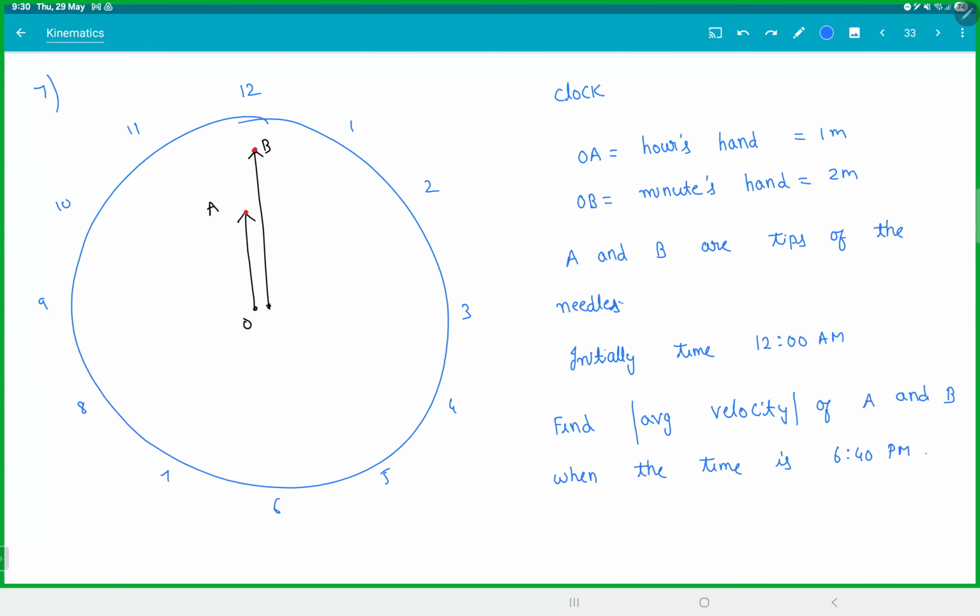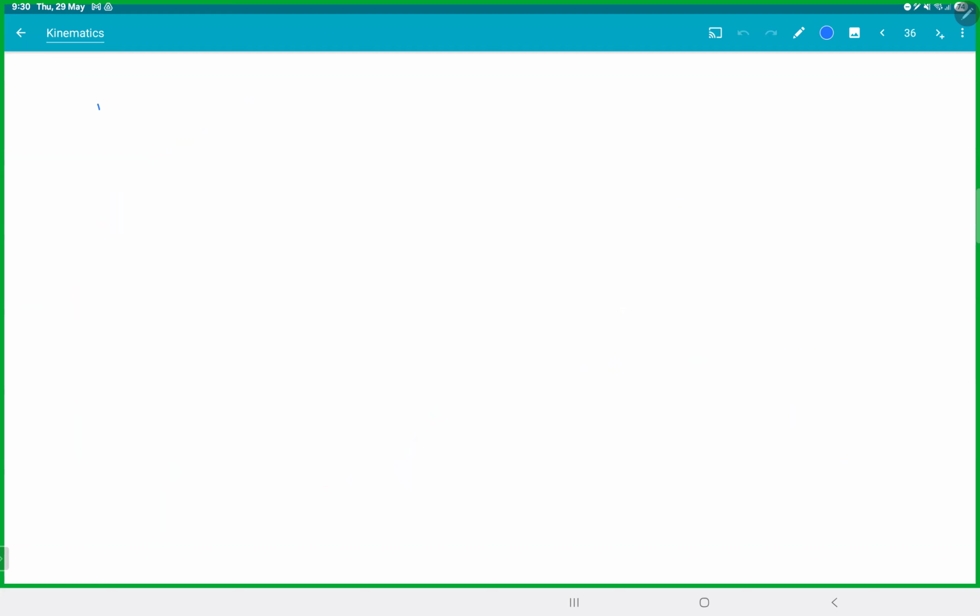B will travel a lot. A will travel less. So from 12 a.m. to 6:40 p.m., this is 18 hours, 40 minutes.